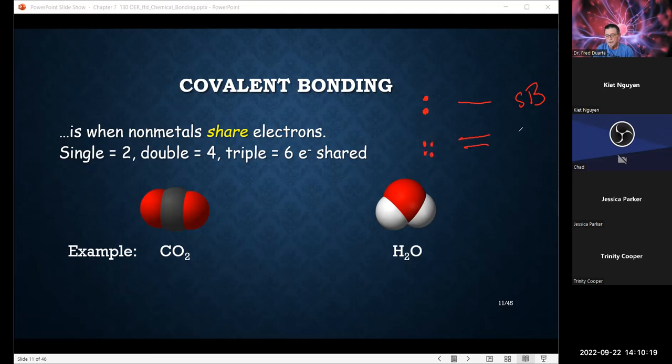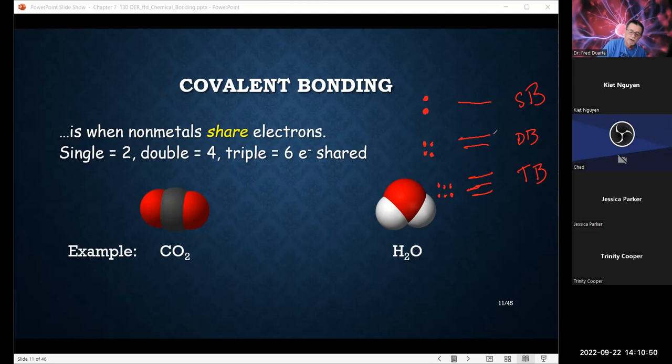And then we have a triple bond, which I can denote by 3 lines, or I can put in 6 electrons. So a triple bond has 6 electrons, a double bond has a total of 4 electrons, and a single bond has 2 electrons, okay?